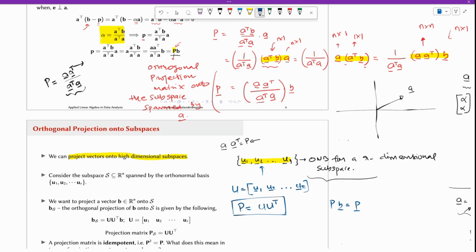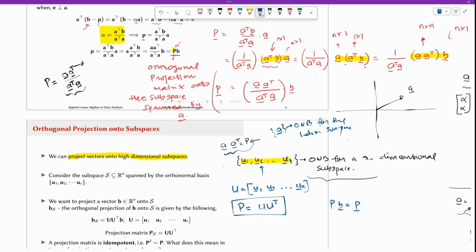Now, if you look at the one-dimensional case, it is essentially a special case of this. If you have a normalized vector for a one-dimensional space, that vector is essentially an orthonormal basis for that one-dimensional subspace.